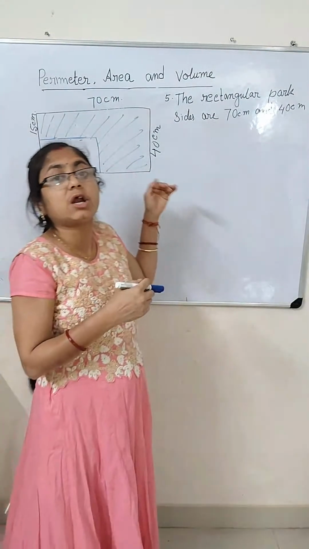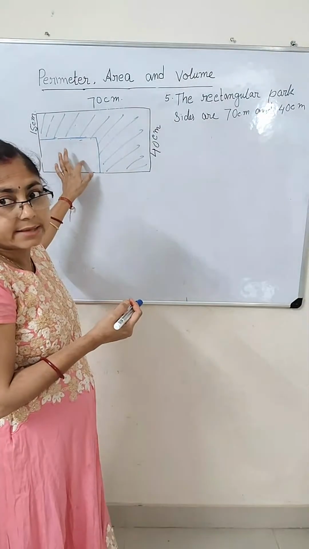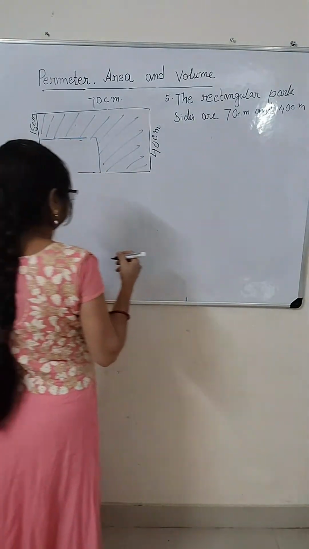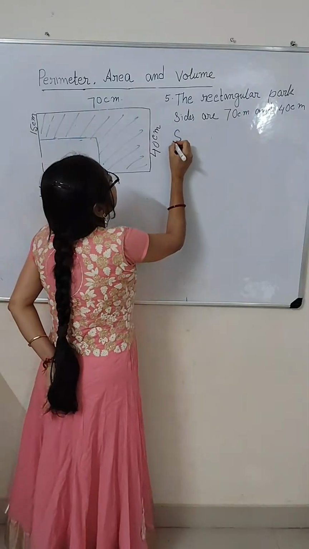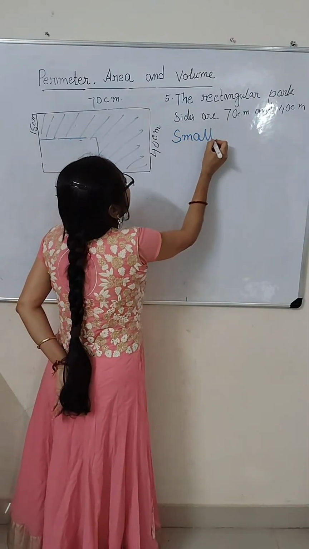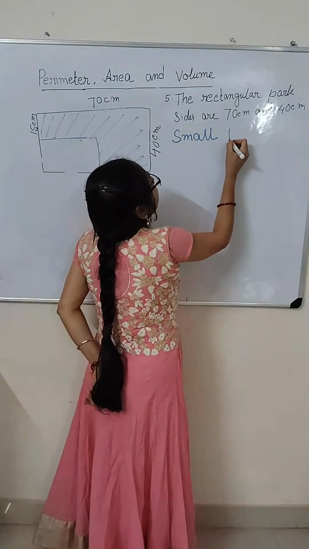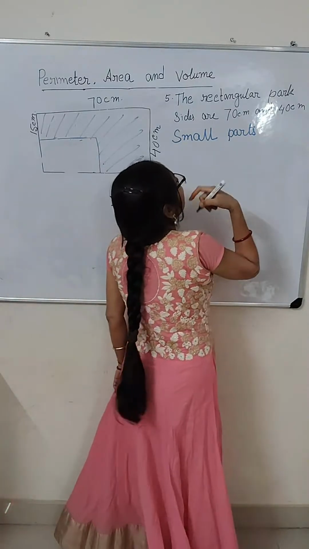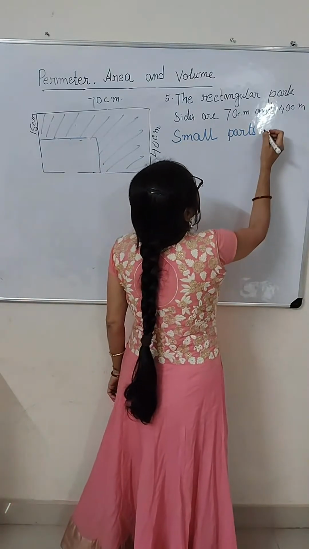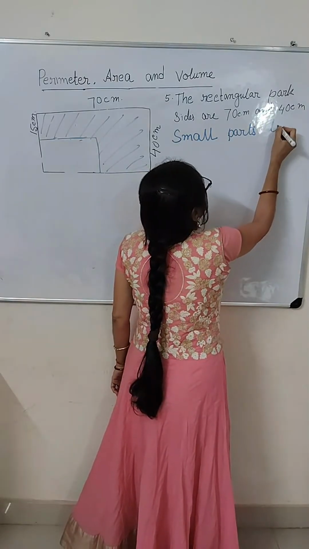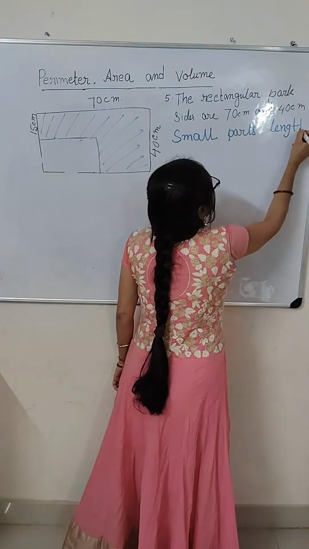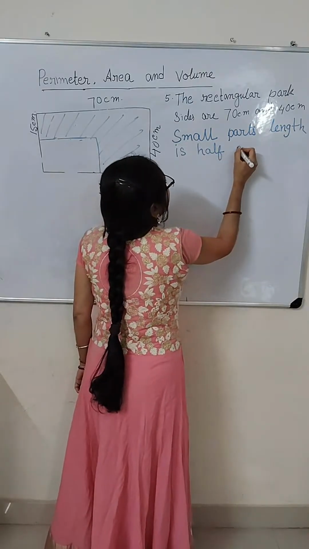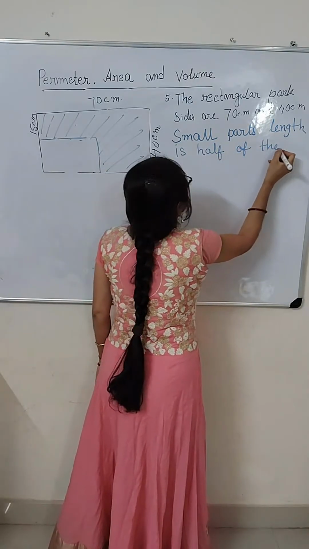What is the condition of the small part? Inside this one, the small part, what is the condition? I write this one. Small part's length is half of the bigger one.